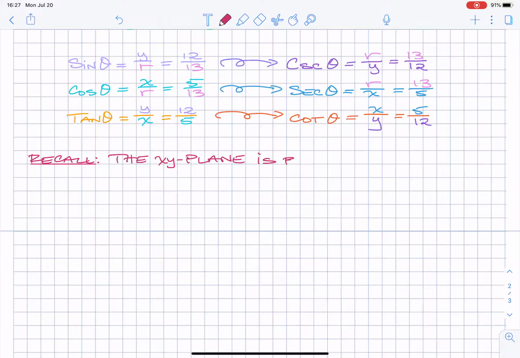The xy plane is broken up into 4 quadrants. So what are the 4 quadrants?